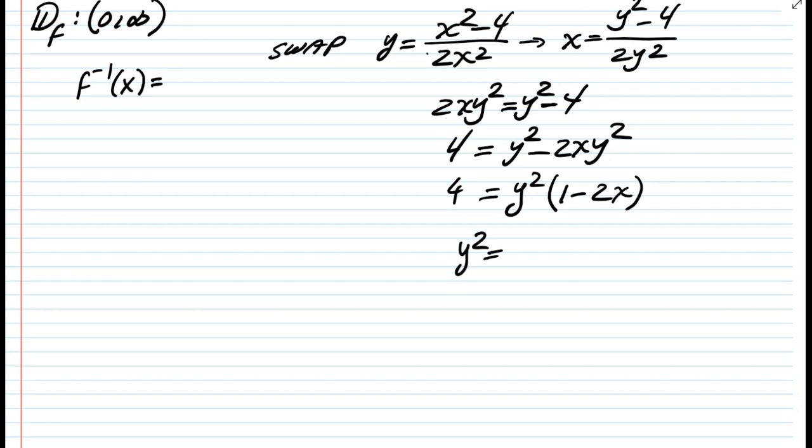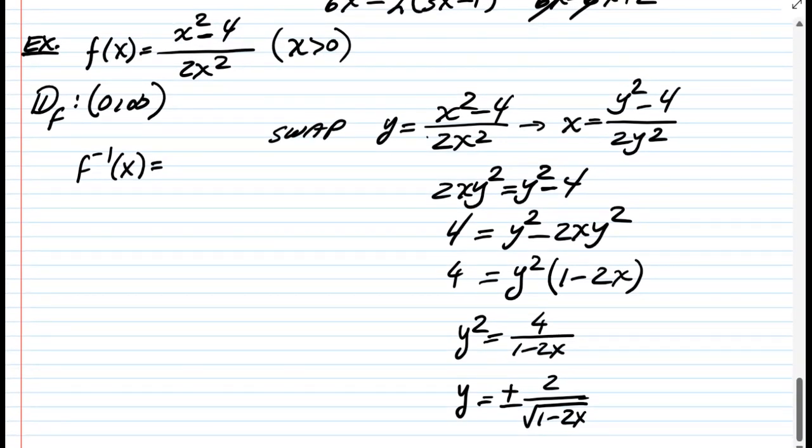Therefore, y squared is 4 divided by 1 minus 2x. Sorry, I didn't do that right at first. So we can take the square root, and that gives me plus or minus 2 divided by the square root of 1 minus 2x, right?